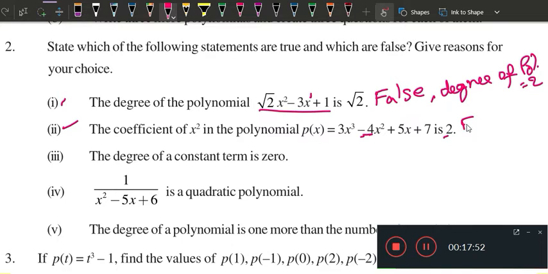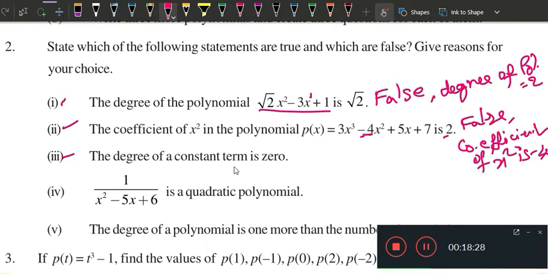This is also false because the coefficient of x square is minus 4. Okay, children.